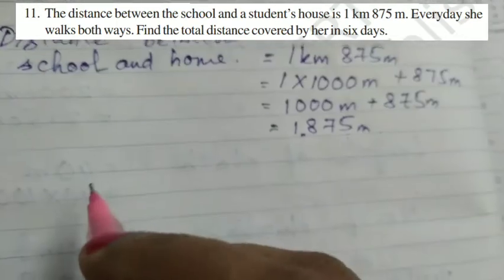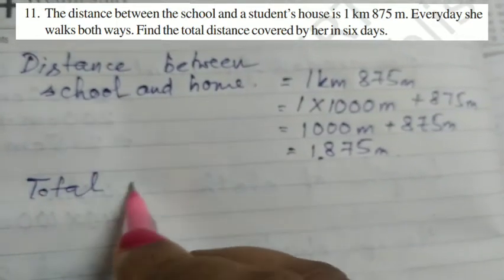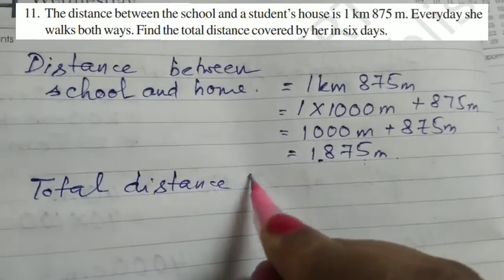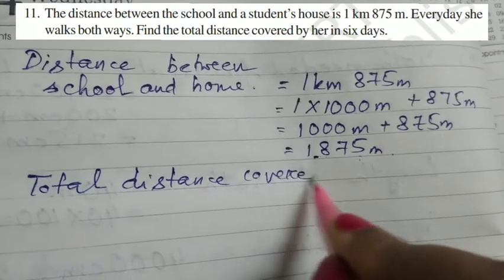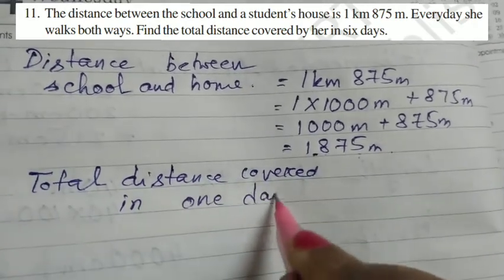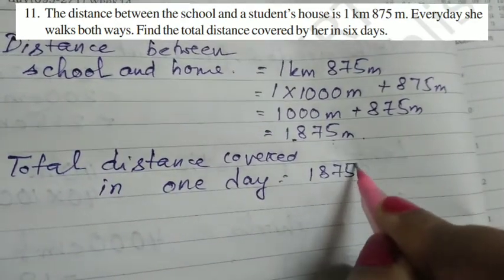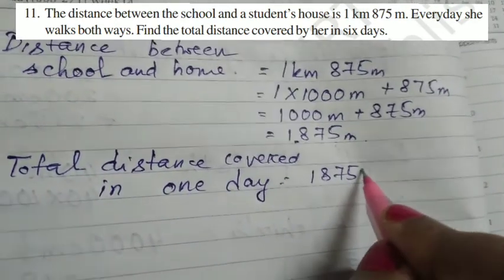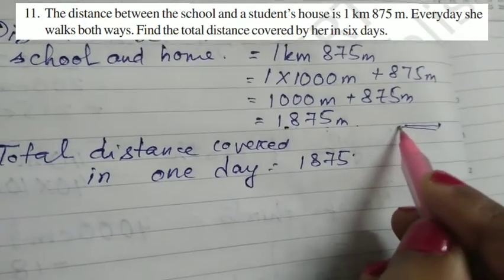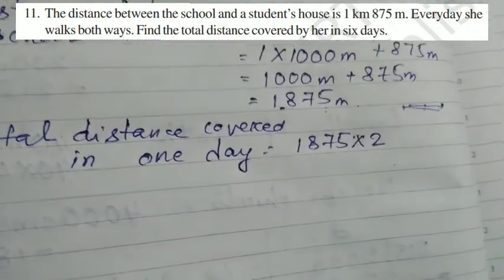So the total distance covered in one day is how much? 1875. So she is going so much and returning back. So this plus this, or I can say this into 2.